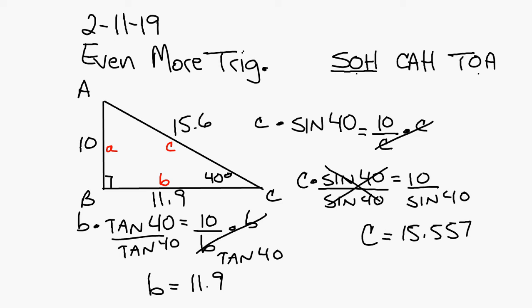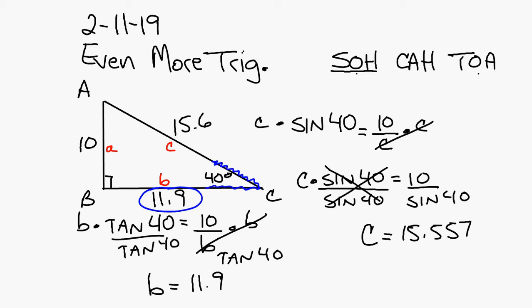Everybody getting those numbers? Okay, everybody understanding how to set up the ratio and solve it? All right, look. When you're using trig ratios to find this third side, if you were given the 40 and you were given this 10, it's a whole number.